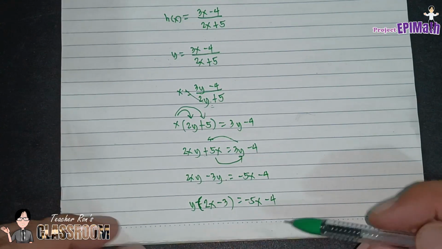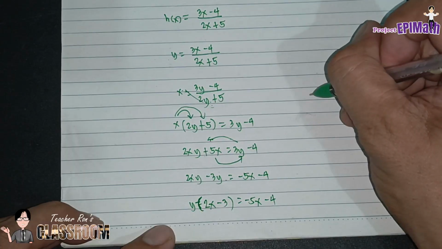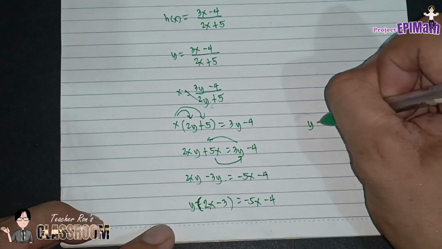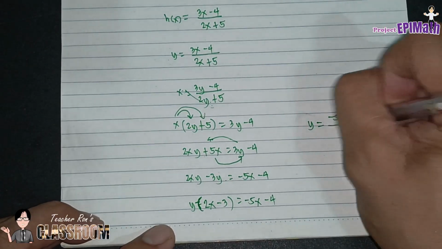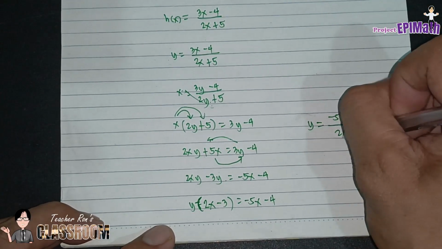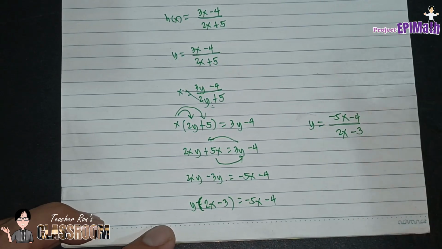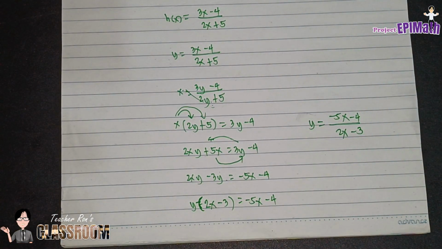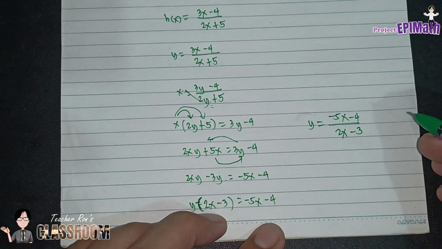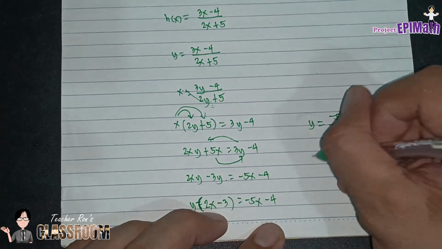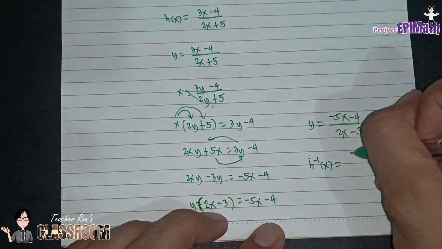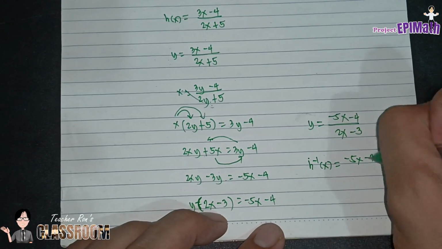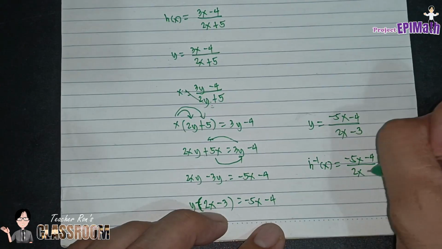If we divide both sides by 2x minus 3, we will have y equals negative 5x minus 4 over 2x minus 3. Okay? So this is now our new y. So let us write this in our inverse notation. Therefore, the inverse of h of x is equal to negative 5x minus 4 over 2x minus 3.